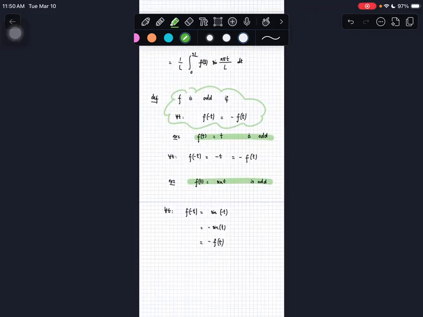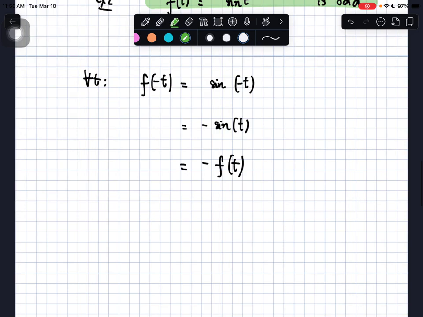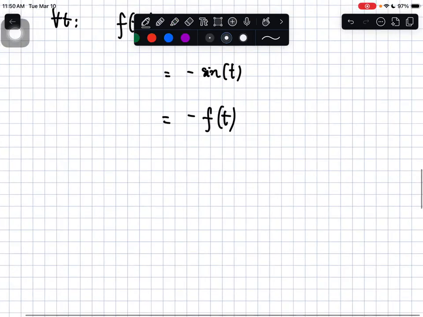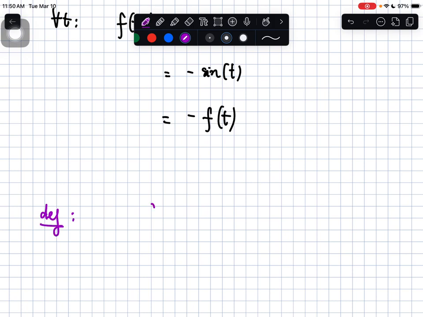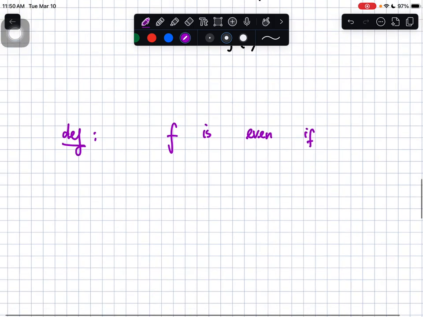Let's do even function. Definition of even function: f is even if for all t you have f of minus t equal to f(t).